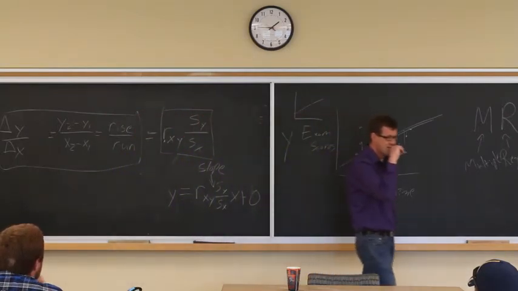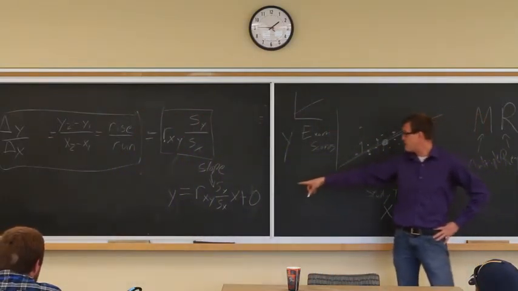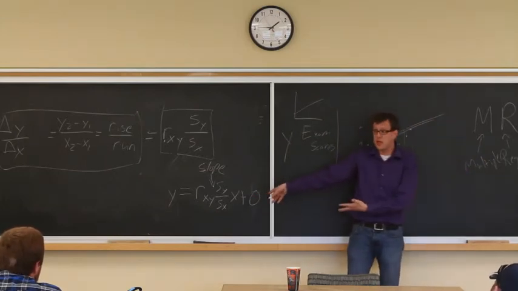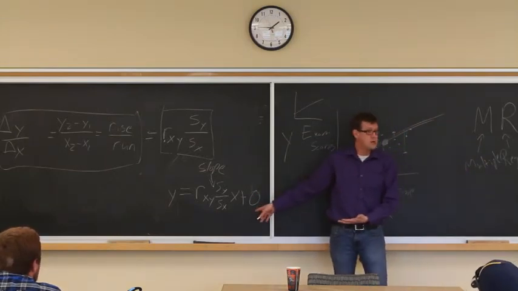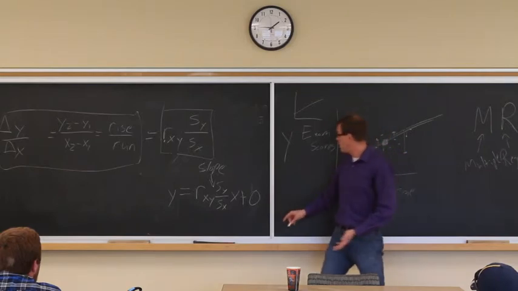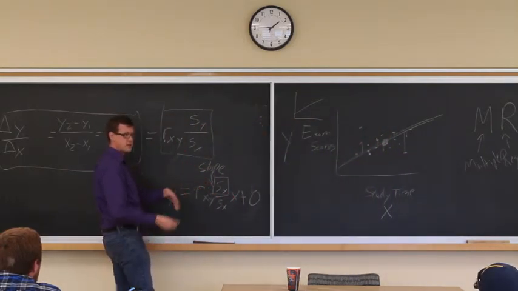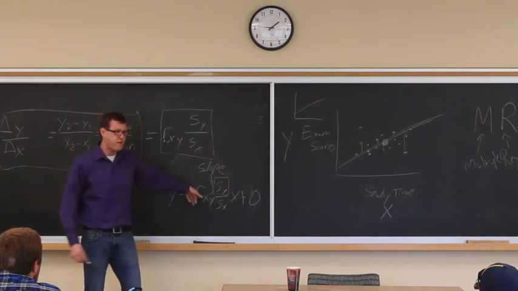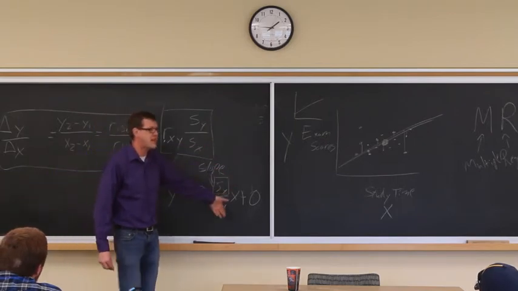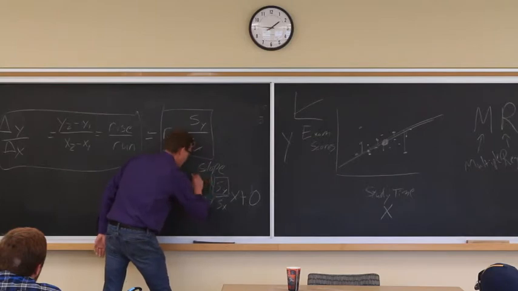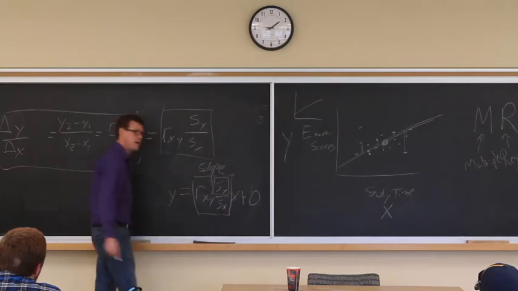No. How many unknowns do we have in this situation? So we can set things to 0. How many unknowns are there? Well, we know what this is. We know what sy is, right? After we've collected the data, we've figured out what the correlation is, we know what the standard deviations are, so we know this piece, right?